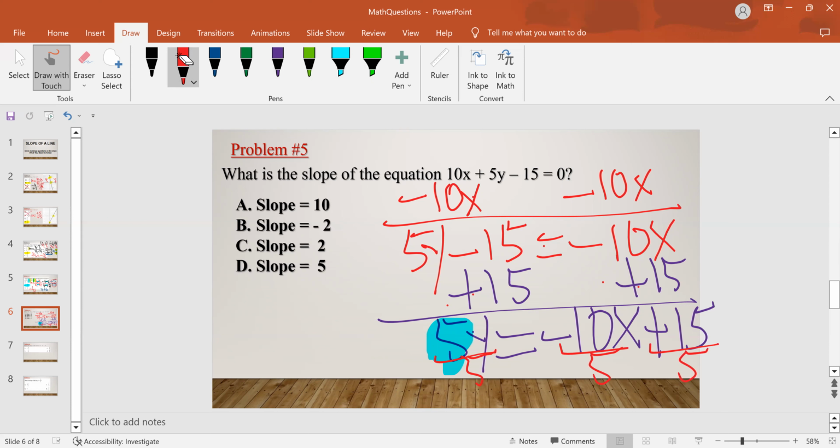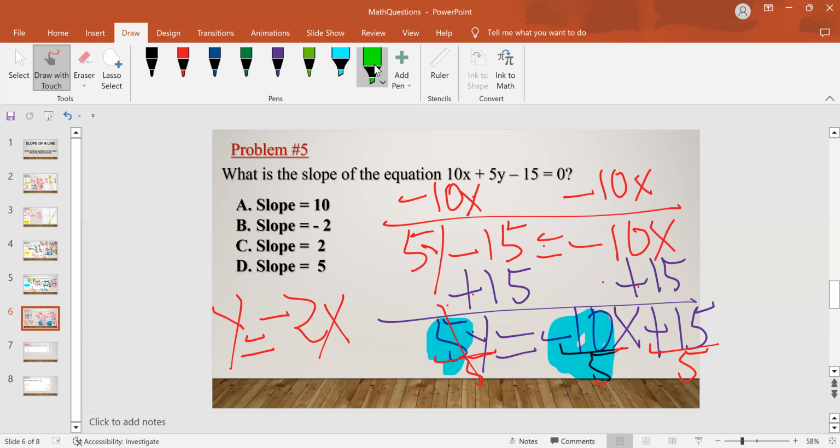Therefore, because 5 divided by 5 on the bottom cancels out, we have y alone is equal to negative 10x divided by 5. So we'll do the division between negative 10 and the 5, and negative 10 and the 5 give you negative 2. So we're going to have y is equal to negative 2x.